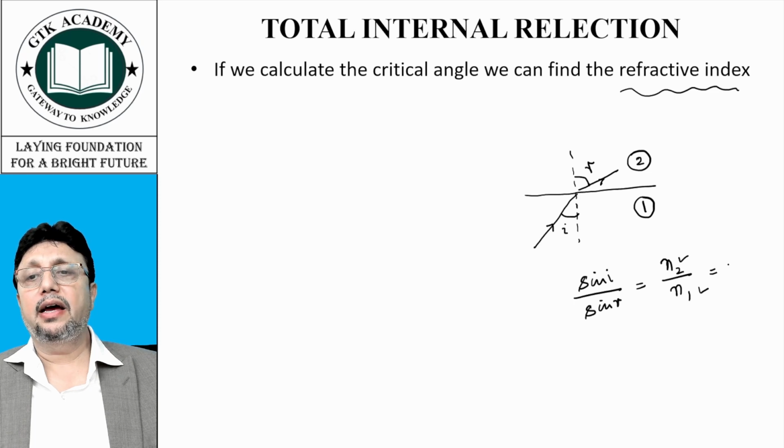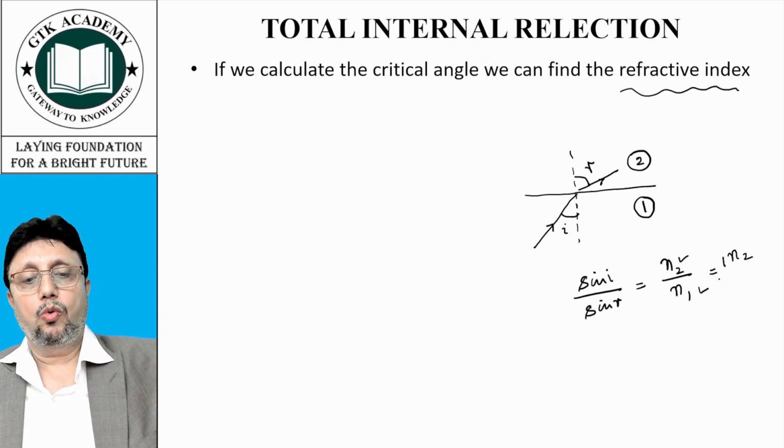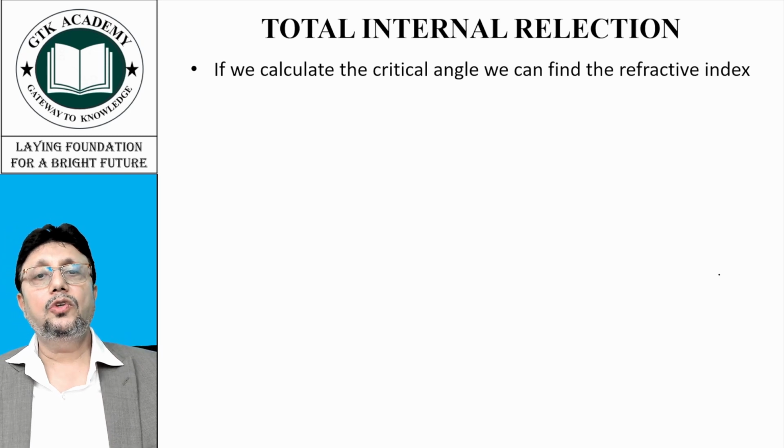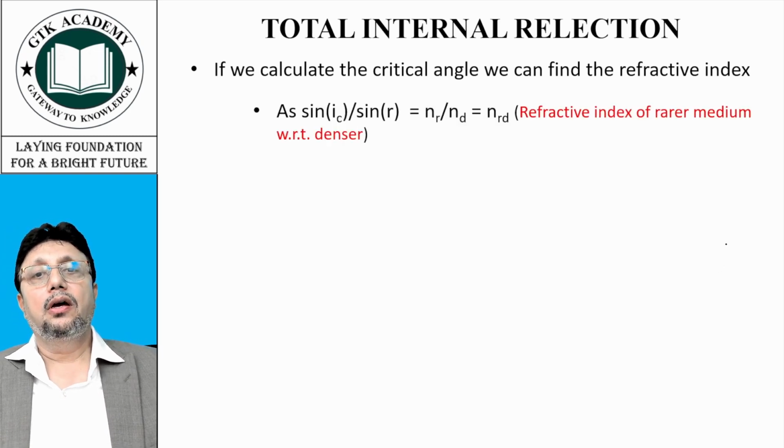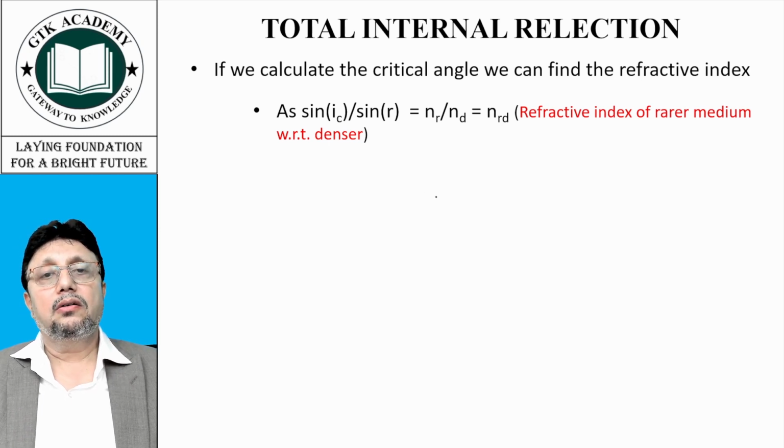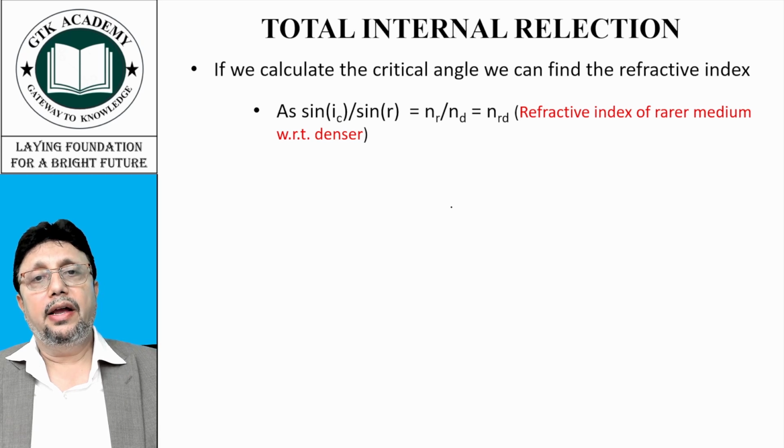We also write it as 1N2, refractive index of medium 2 with respect to 1. So now in this case, when we have the value of I equal to IC, then what will happen?